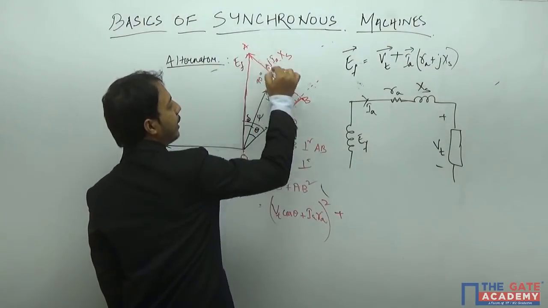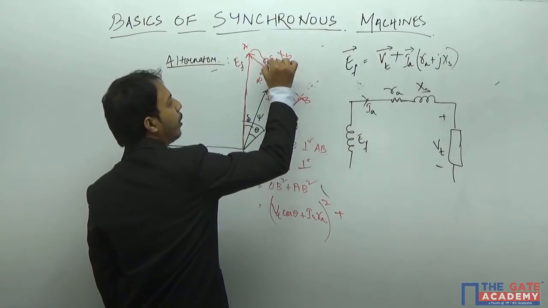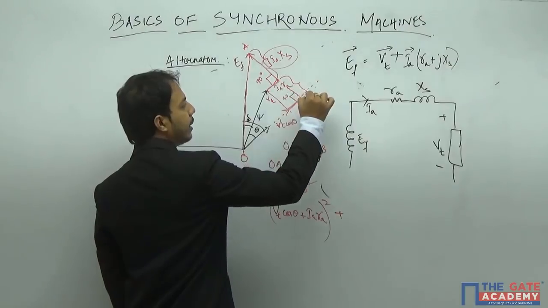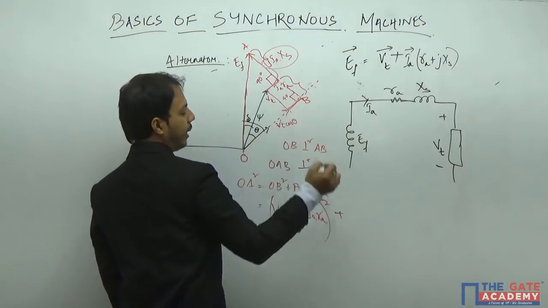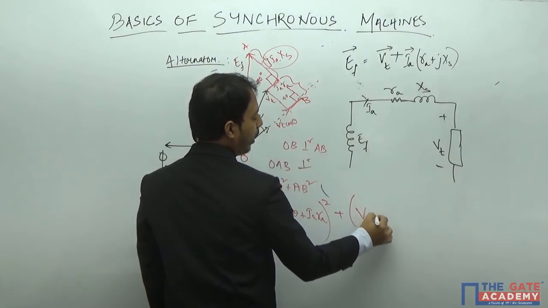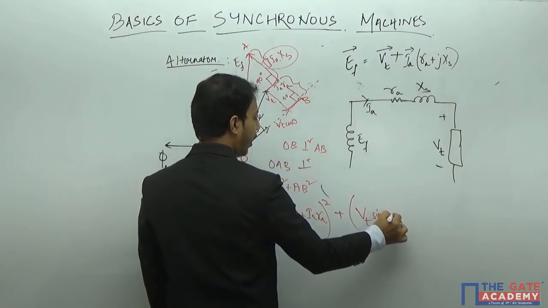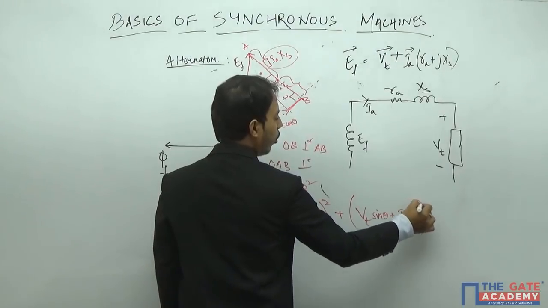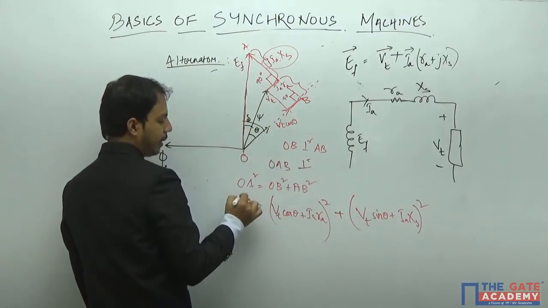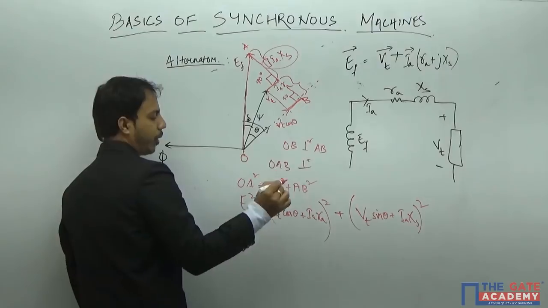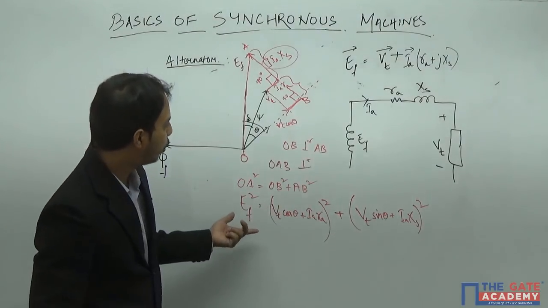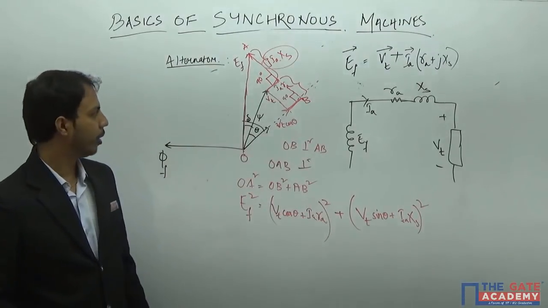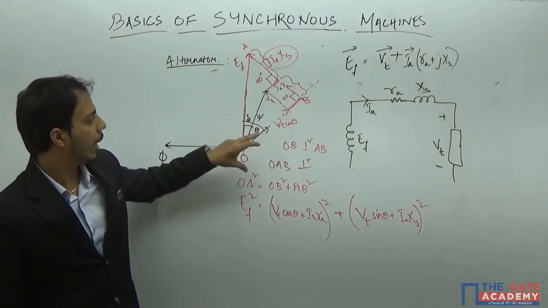Now AB is this: up to here I know it is IA XS, the length, and this is nothing but VT sin theta. So this is (VT sin theta plus IA XS) whole square, and this is nothing but EF square. So we can get the magnitude of the induced EMF from this particular equation. Now this is for a lagging load.